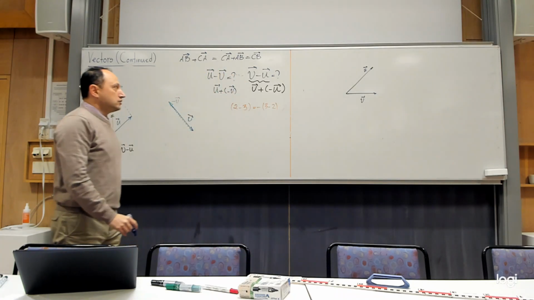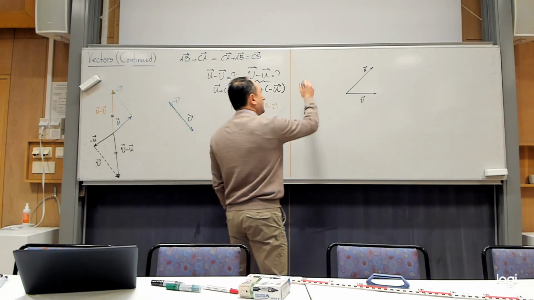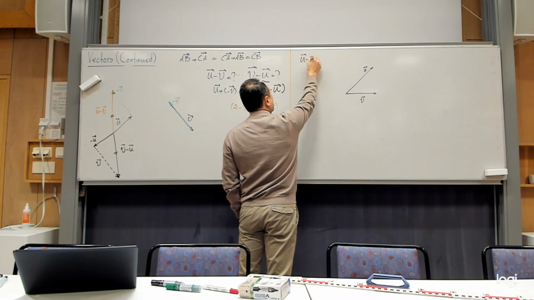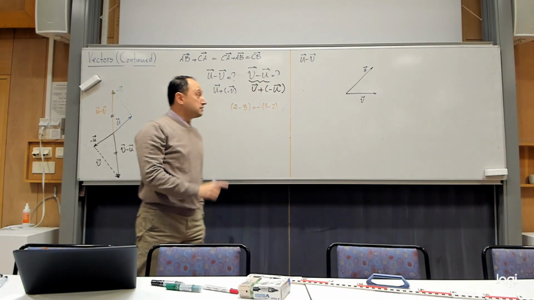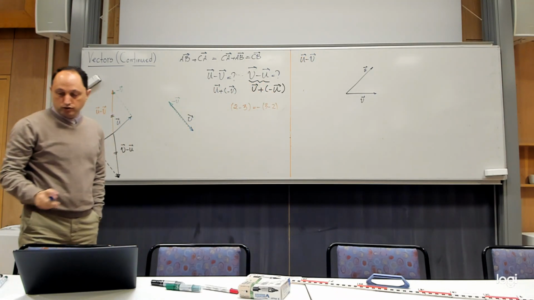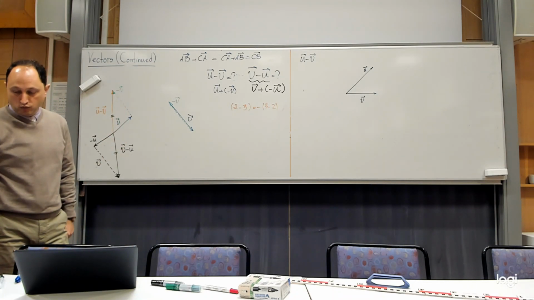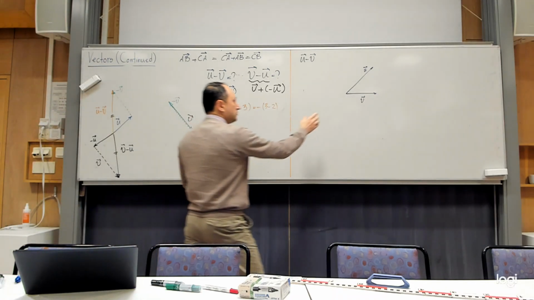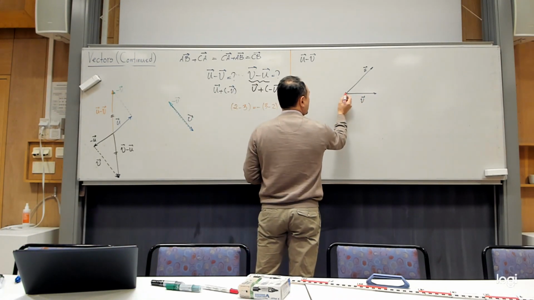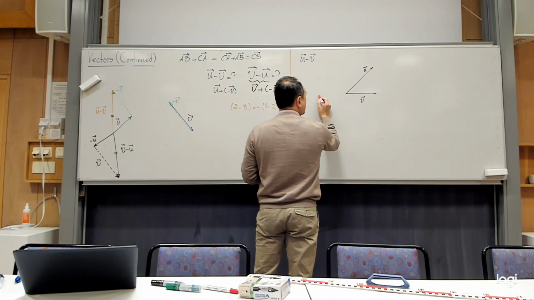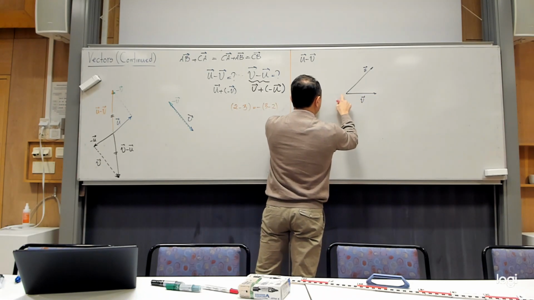If I ask you to draw U minus V in this kind of configuration, what should I do? First of all, I need to find minus V. Do you agree? So what is minus V? This vector, I continue it from this side with the same size, yes, here.